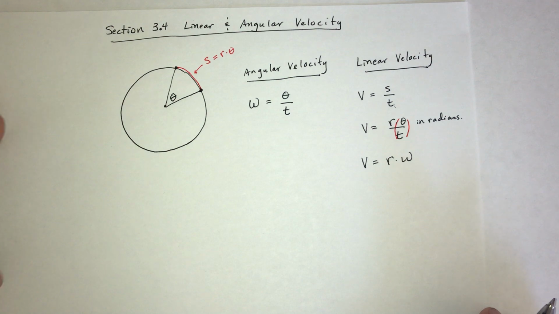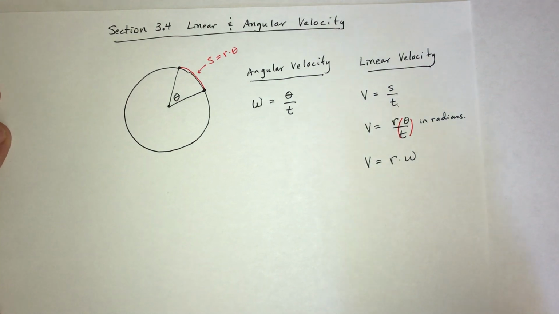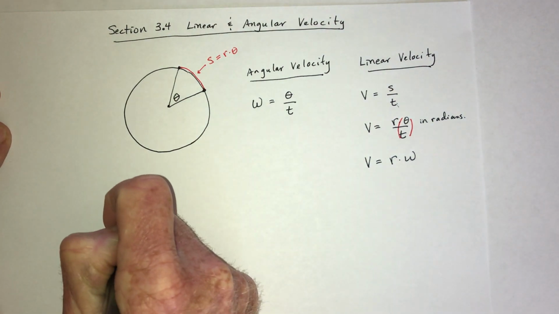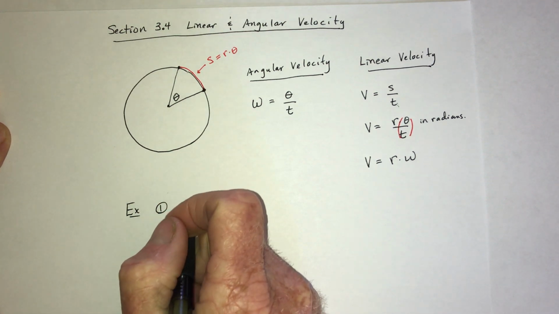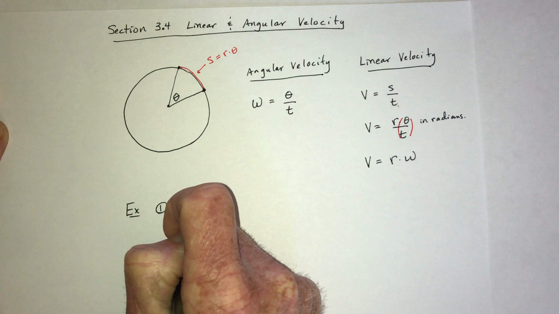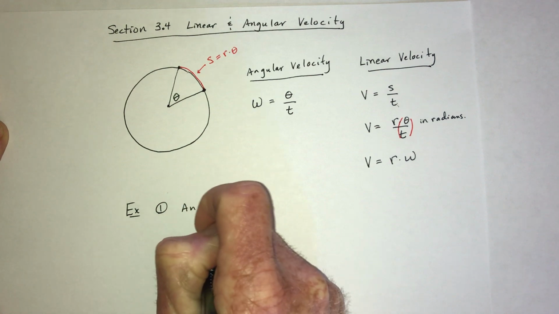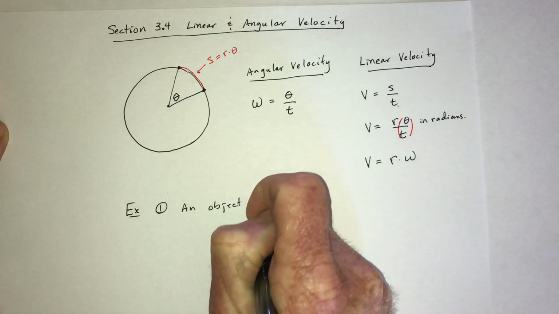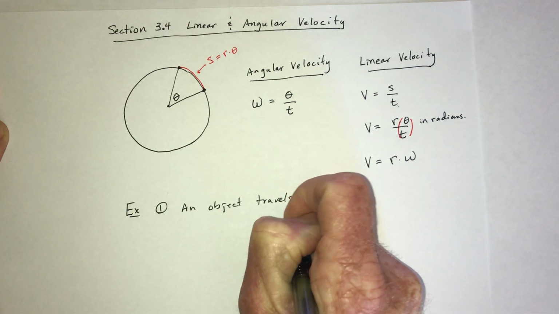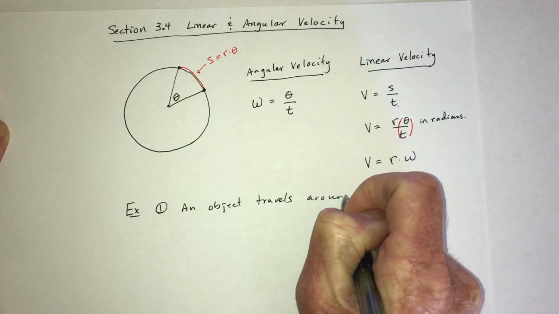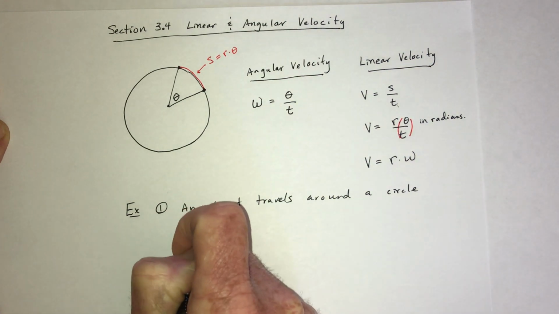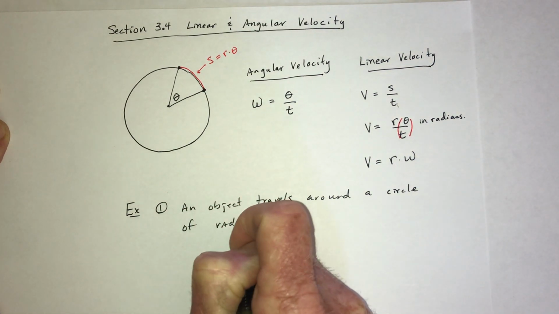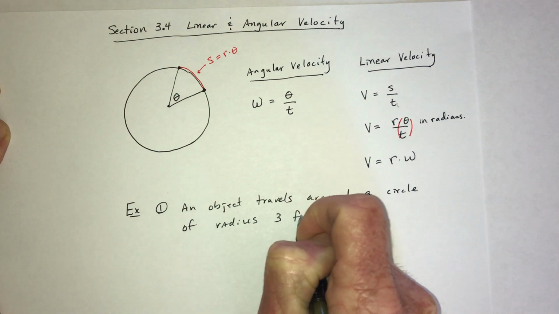Okay, now for some examples. So this object is going around a circle and the radius is 3 feet.